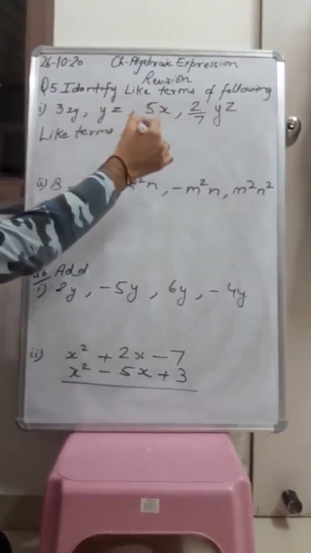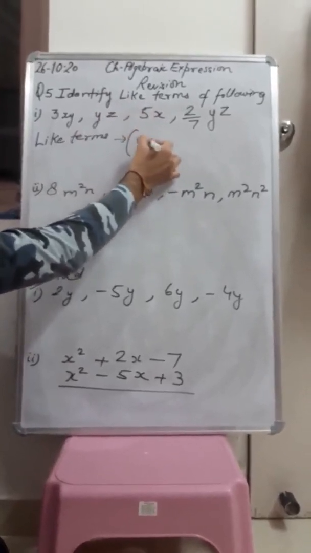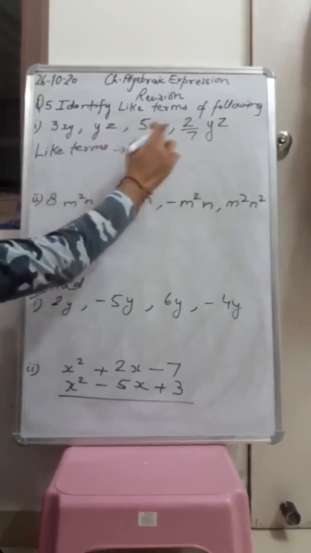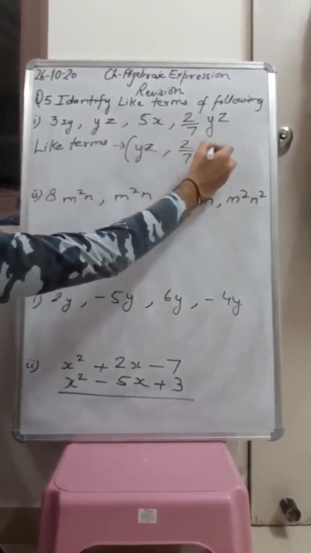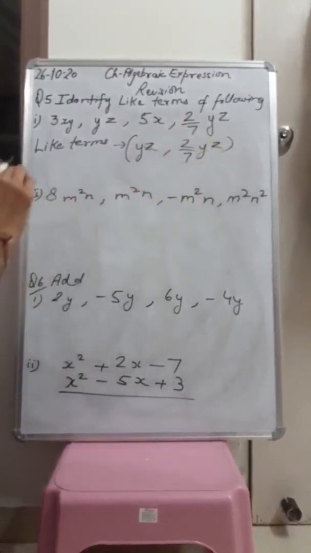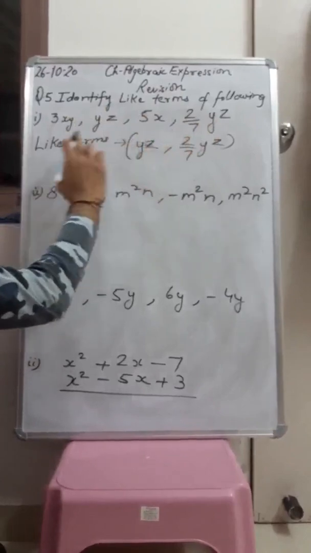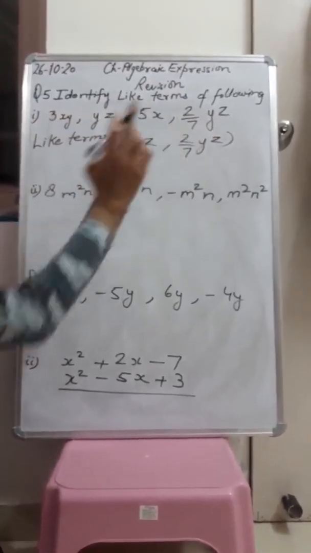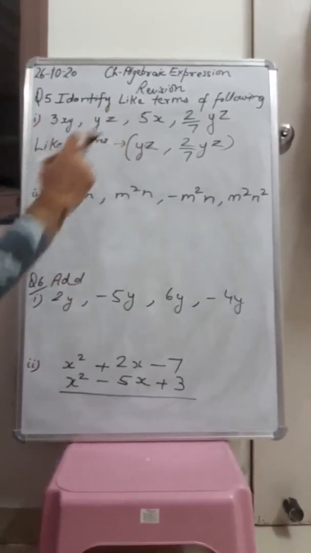Yz, yes, this is your first yz, and the like term of yz is 2 upon 7 yz. And 5x also does not have any like term, so the like terms in this will be yz and 2 upon 7 yz. So this is one pair of like terms in this.